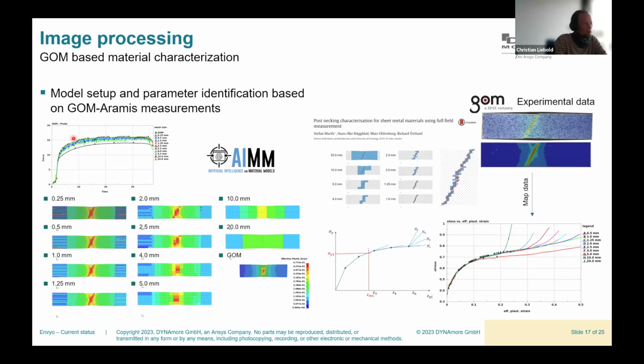What you see here is that we get all these different curves, which show more or less the same force over time answer in that case. And of course, the finer the mesh, the clearer you get the same plastic strain as in the measurement. But the force response seems to be more or less the same, and we hope that we can enhance material calibration based on that.